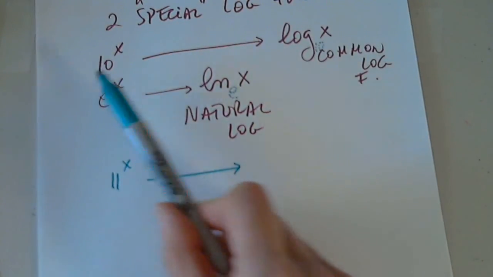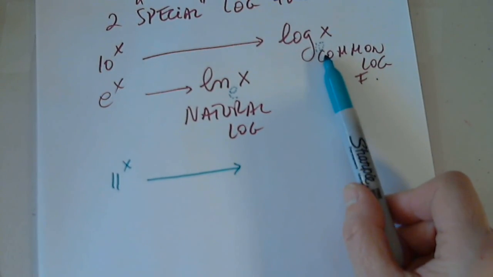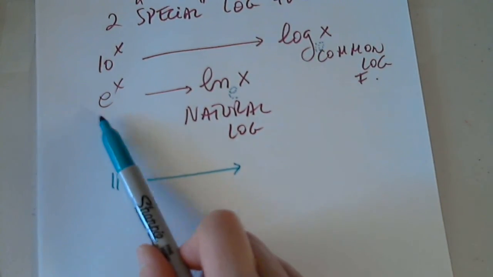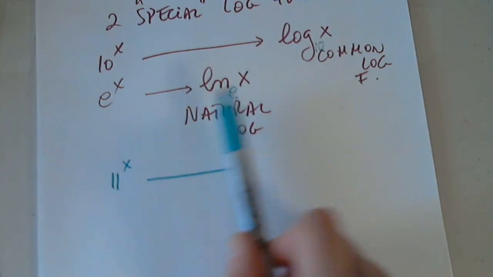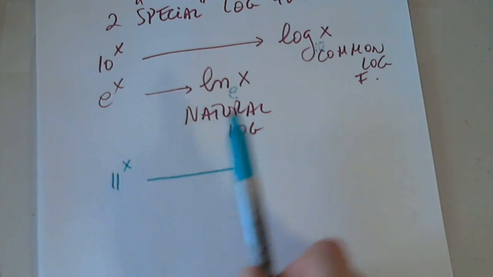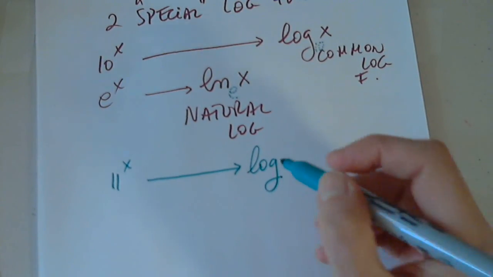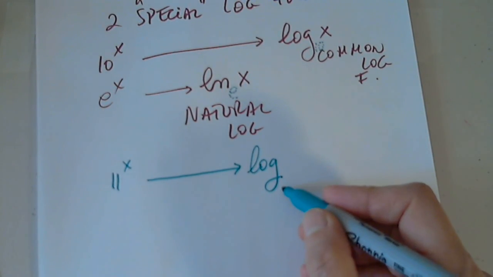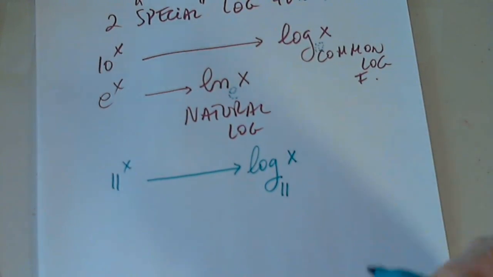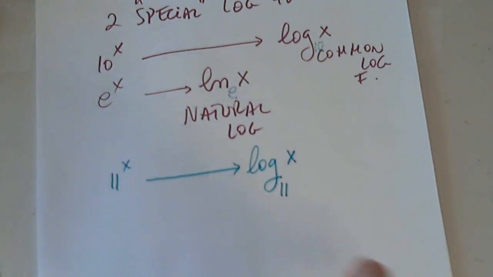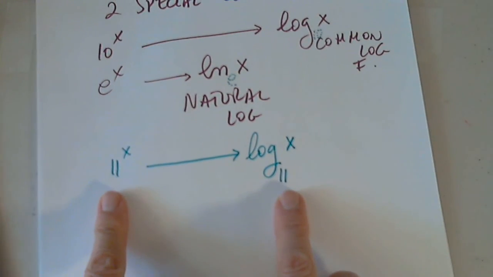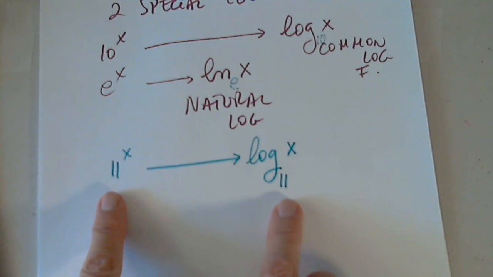When the base here is 10, the base here has to be 10. When the base here is e, the base here has to be e. Otherwise, they will not be inverses of each other. If here the base is 11, I have to use the notation log, but what will be the base? 11. Of course, of x. These are inverses of each other. They must have the same base. They will not be inverses of each other if they don't have the same base.